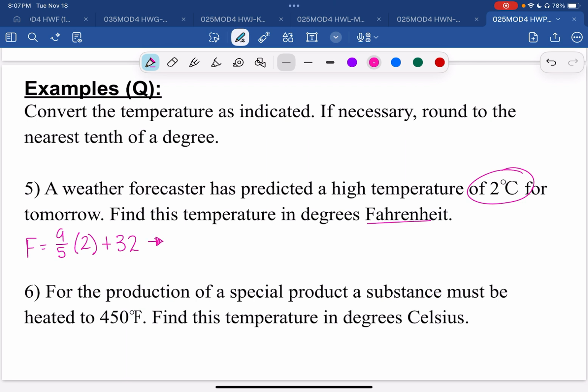I'm going to start out by doing 9/5 times 2, so 3.6 plus 32. So it would be 39.6 degrees Fahrenheit.